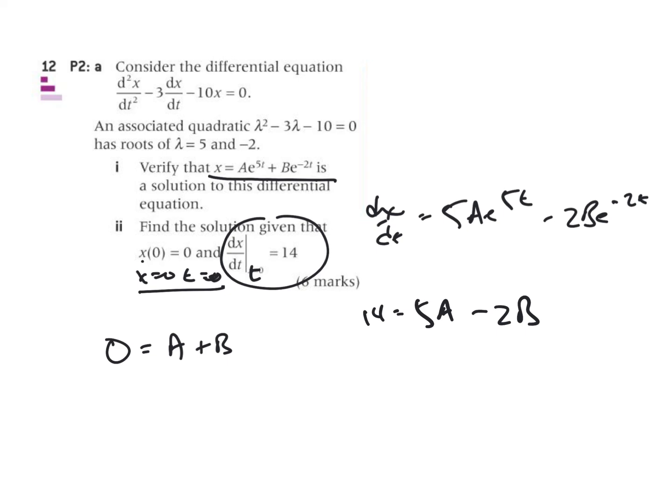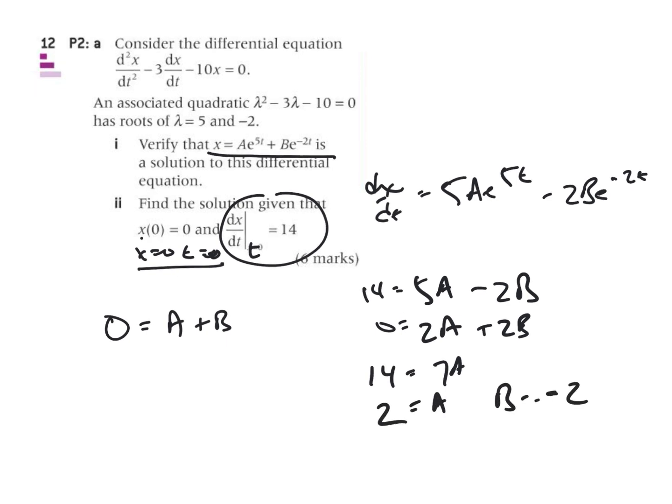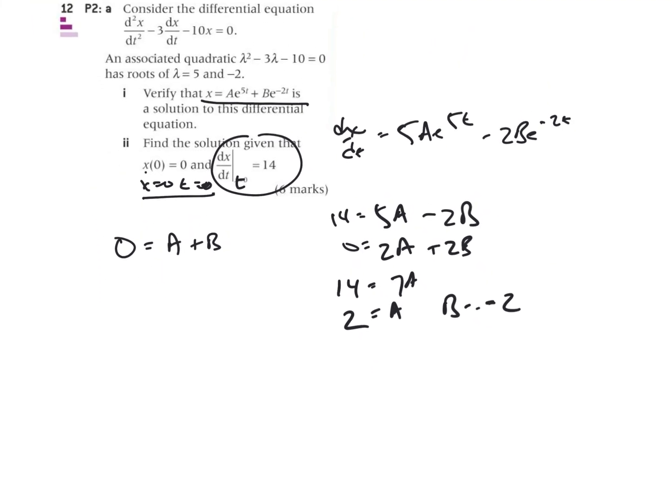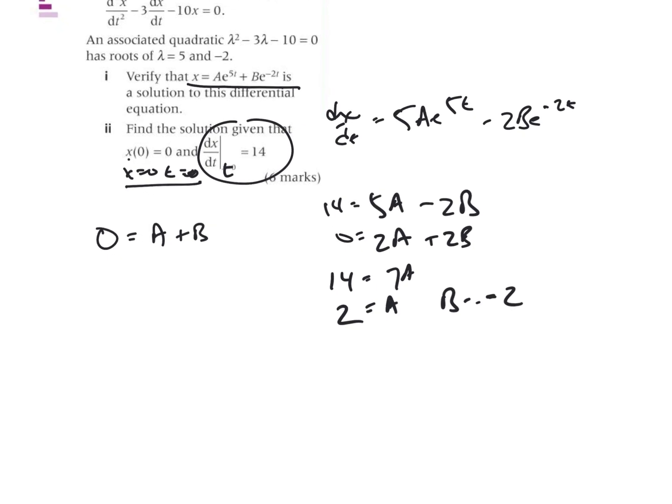And if I solve these two equations, I know this is 2a plus 2b is equal to 0. 7a is equal to 14, so a equals 2, and so b is equal to minus 2. And so if I go back to here, the final solution is x equal to 2e^(5t) minus 2e^(-2t).